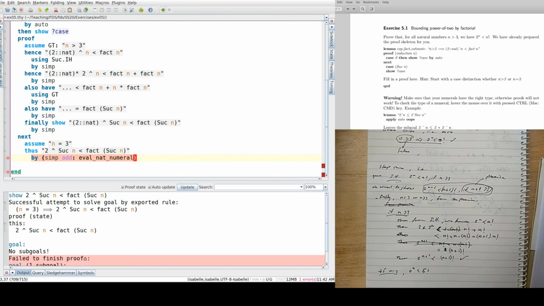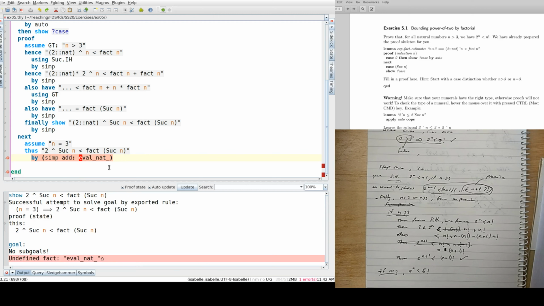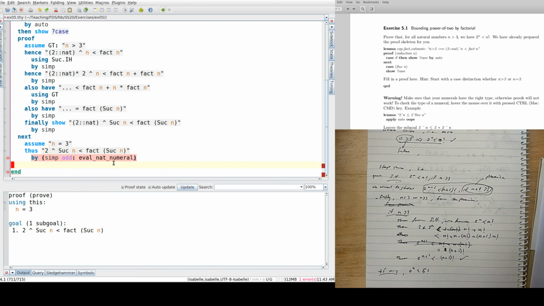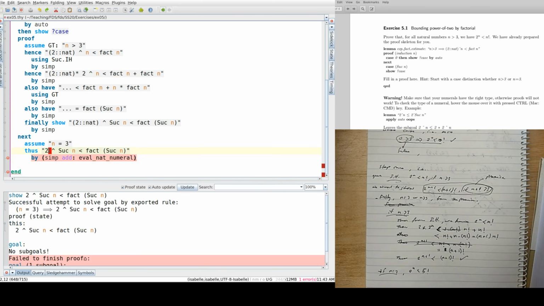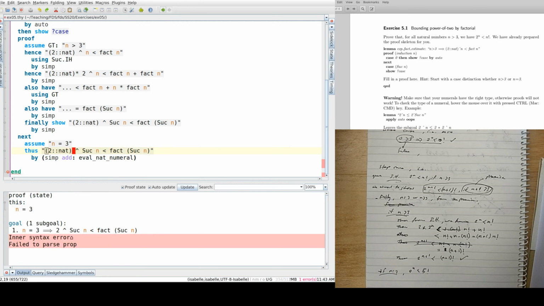Yeah, eval mat numeral. So let's see what's wrong now. No, it's numeral eval mat. No. Yeah, I think I knew it. The problem is with the types there. So that's it, yeah. So I've been warning you about don't forget to set the types, and I forgot it myself.